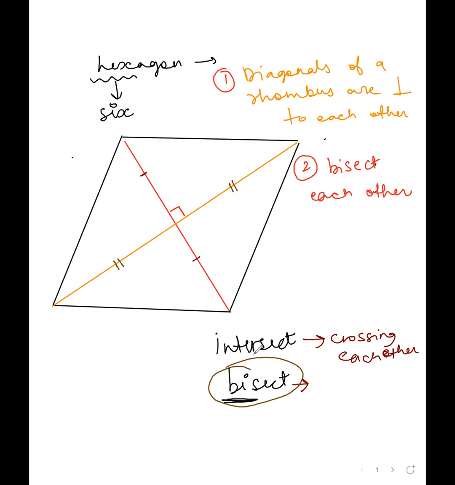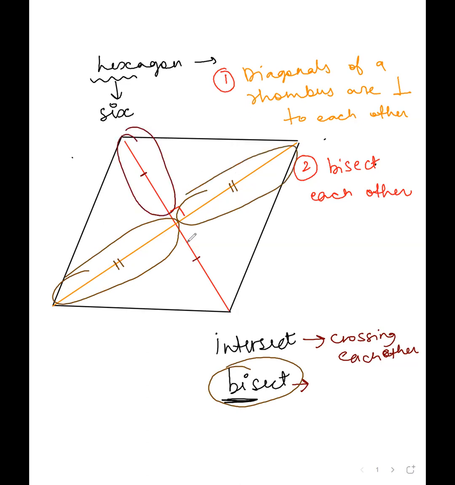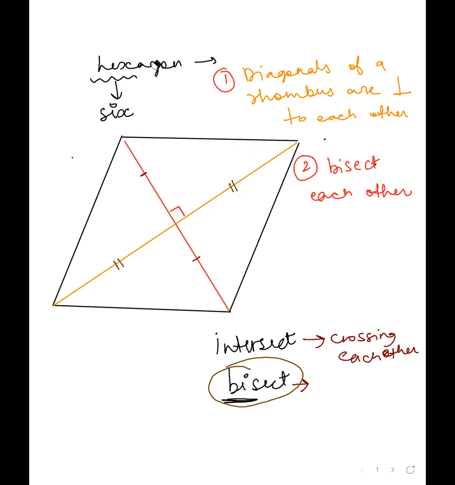Well, you can always measure it using a scale and you will find that it is always equal. This part will be equal to this part, and similarly, this part will be equal to this part. The length will be equal.